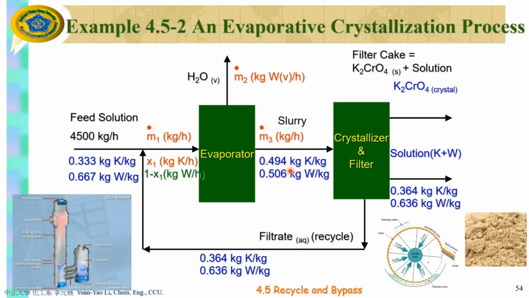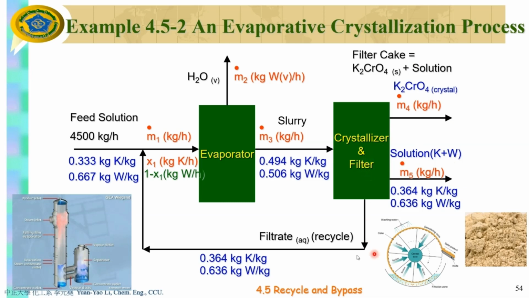After that, in this crystallizer here, we have two streams. One stream is M4, and one stream is M5. M4 is 95% of the total output here, and M5 is 5% of the total output, because this is what we know about the specification.